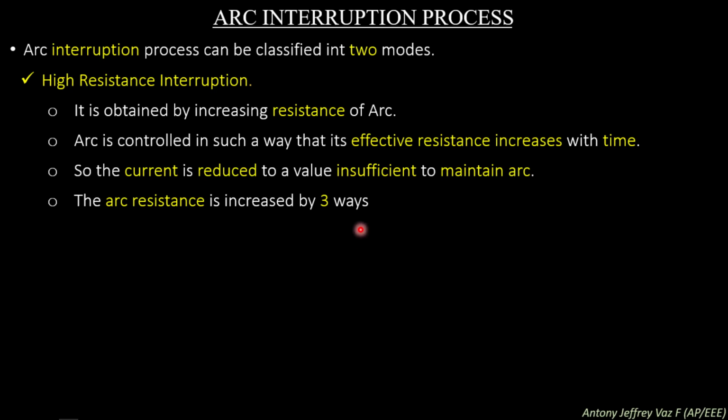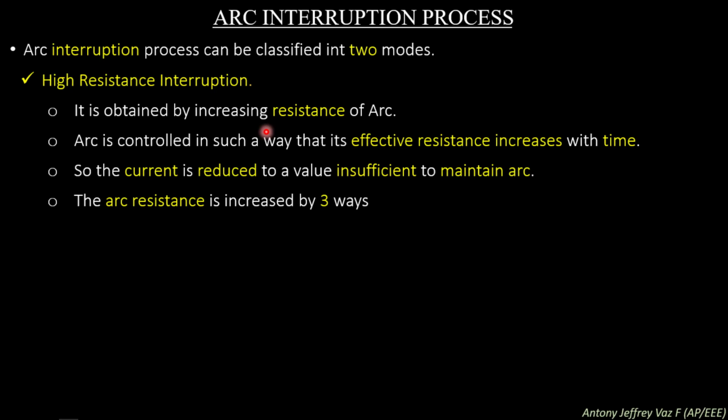In high resistance interruption, the arc path, that is, the resistance of the medium, is increased so that the current passing through the arc gets decreased. In such a way, the current is insufficient to maintain the arc.